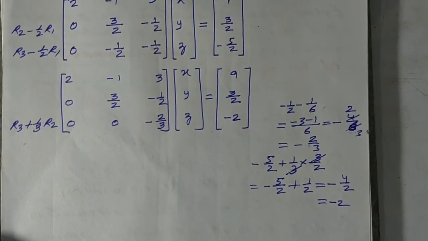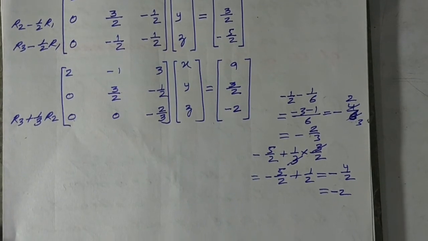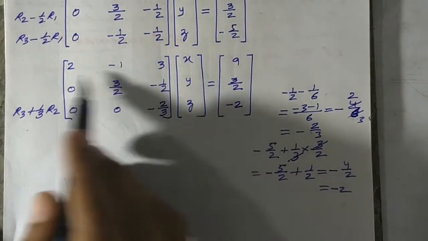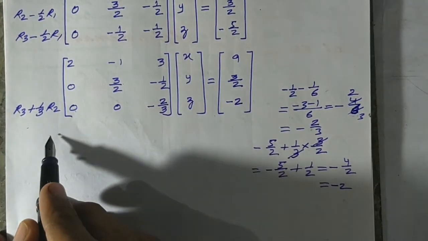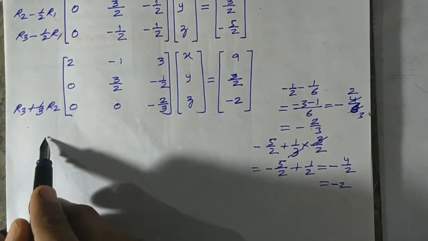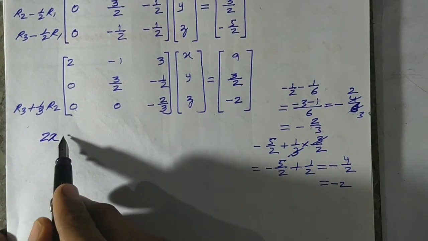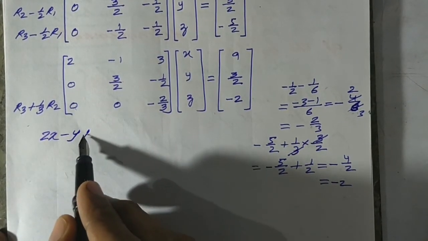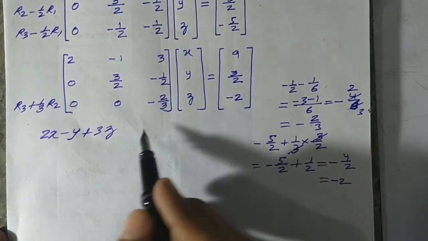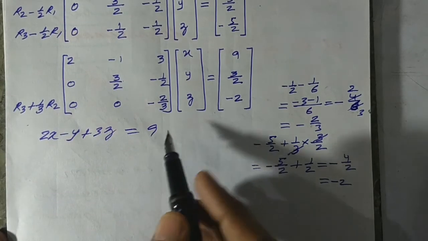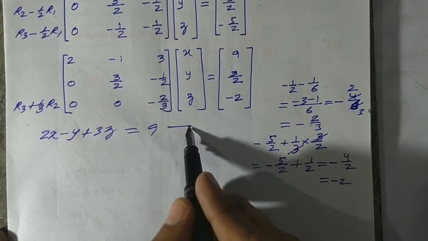Now after that we multiply these two matrices, so we get 3 equations. The first one is 2x minus y plus 3z is equal to 9.